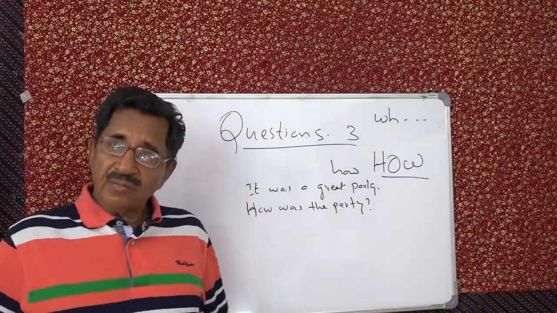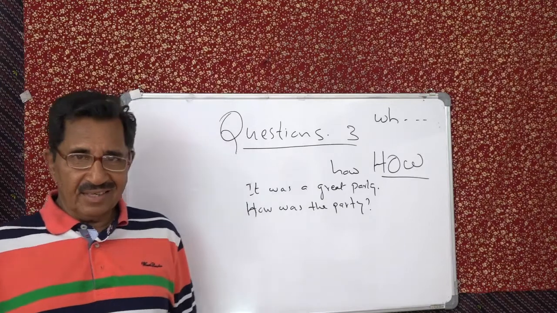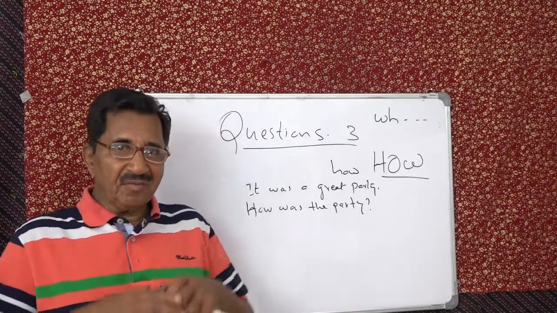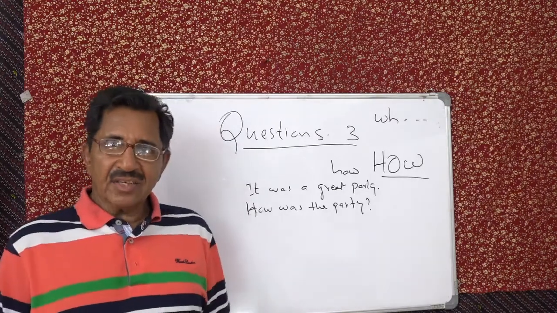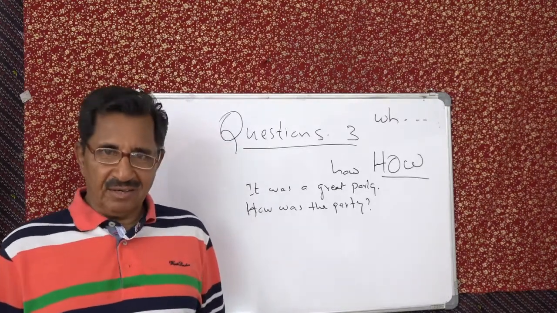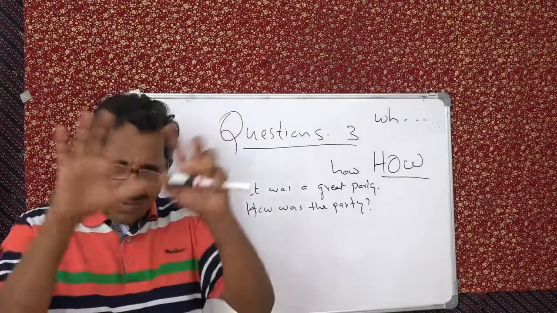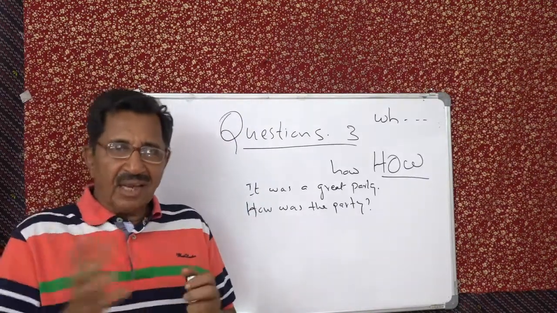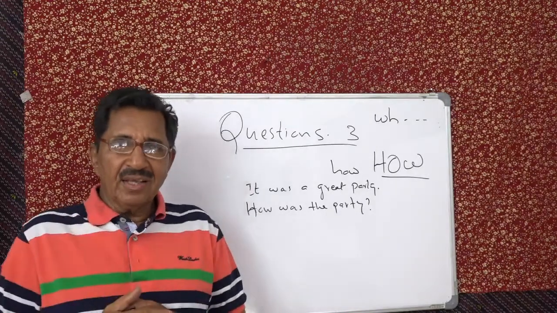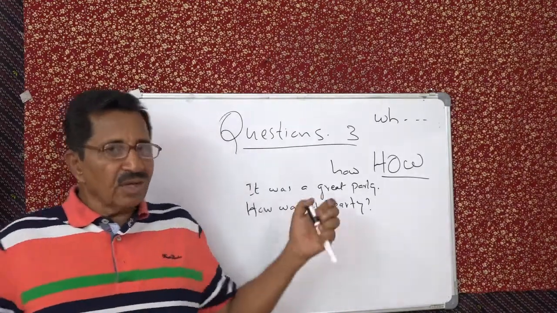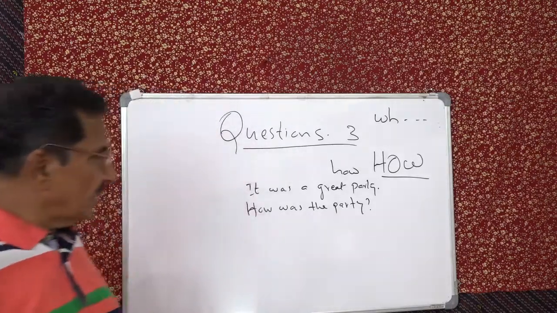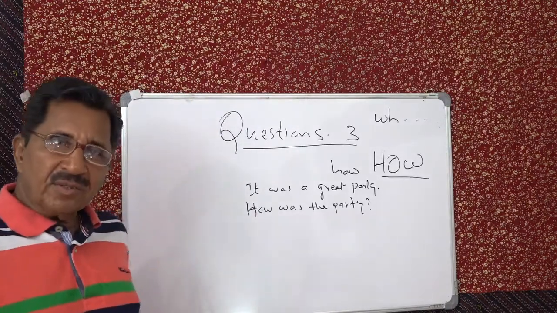How was the festival? It was a marvelous family reunion. How was the family reunion? Understand that? So you are getting an overall picture. If you want to get an overall picture of something, you can use how.